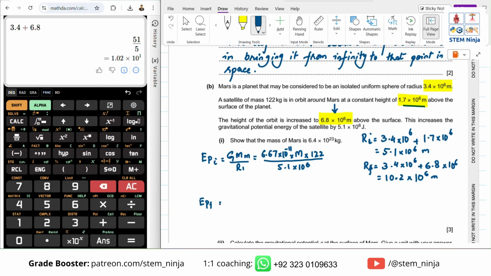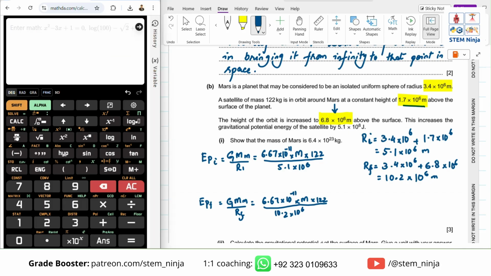EP final is again GMm over RF. 6.67 × 10^-11, M, 122, but now the radius is 10.2 × 10^6.